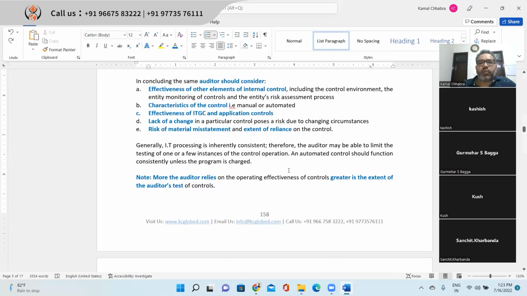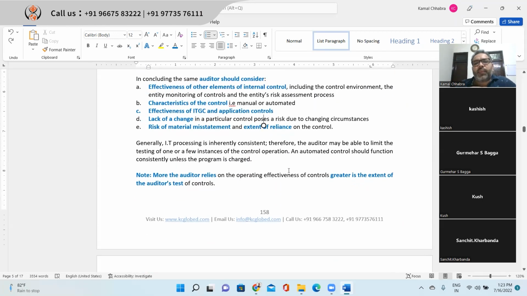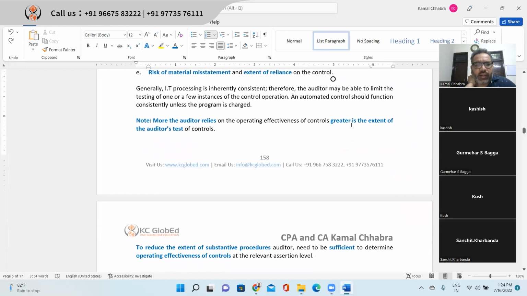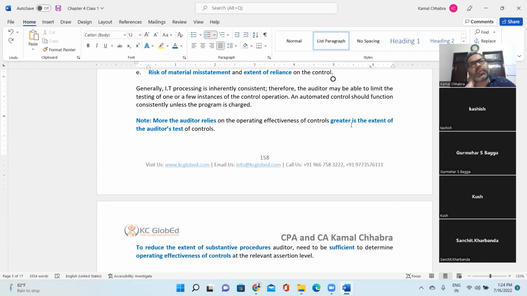Possess. A risk due to change in circumstances, the risk of material misstatement, and the extent of reliance on the control. Those are the things you need to keep in mind when you are planning to consider any control for rotational control. Generally, IT processing is inherently consistent. For example, if the system is calculating all sales transactions and giving you the total of the respective sales ledger, it generally would not change.